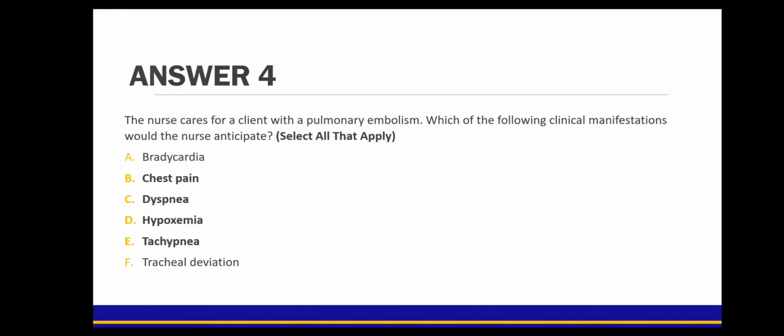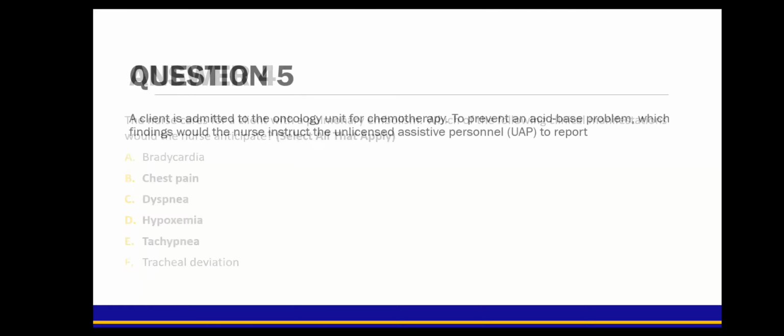I'm sorry, I couldn't think of the word pneumothorax all of a sudden. But yes, so these are the answers. You would not see bradycardia, you would not see tracheal deviation, but definitely the rest of these make sense. Your body's compensating, you don't have enough oxygen to the tissues, so you're going to see some of these manifestations. All right, let's do one more.